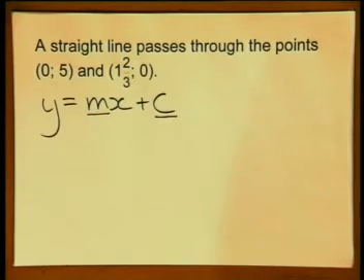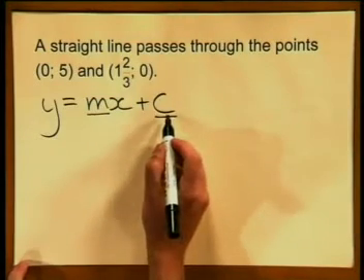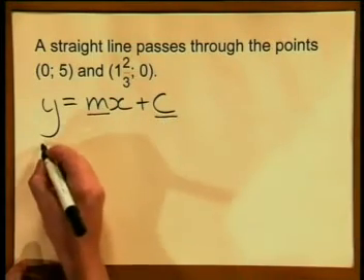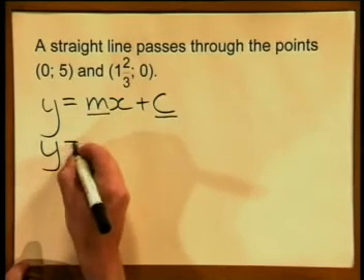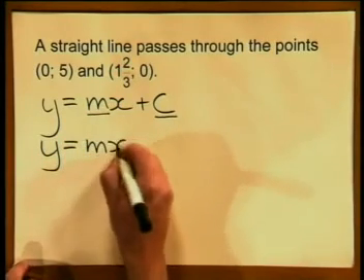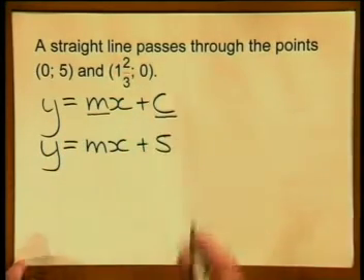In the last lesson, we knew the value of m, the gradient, but now we don't. But the 1 point has x equal to 0. Well spotted. That means we have the y-intercept of the formula. We know that the value of c is equal to 5. Therefore, we know that our formula is of the form y equals mx plus 5.